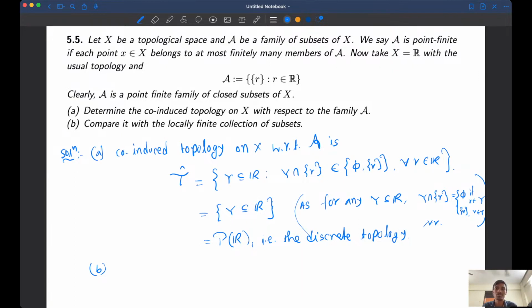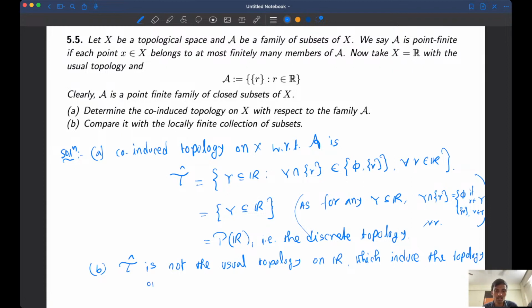So this tau hat is not the usual topology on R, which induces the topology on each of these singleton sets R. That is, tau hat is not coherent.